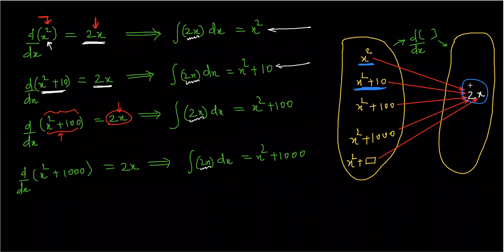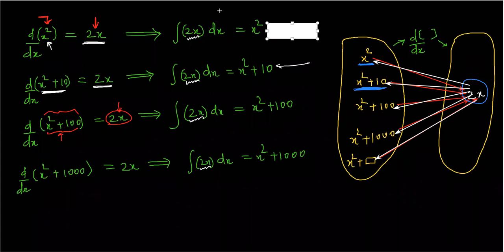Why? See, integration of 2x is x square. Integration of 2x is also x square plus 10. It is x square plus 100. It is x square plus 1000. It is x square plus whatever number.